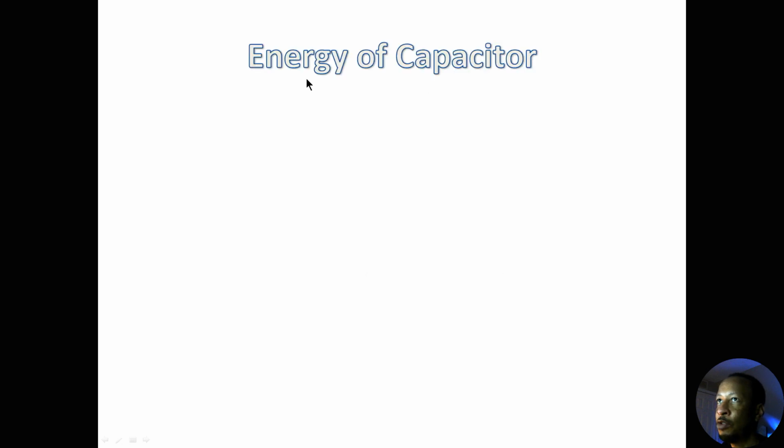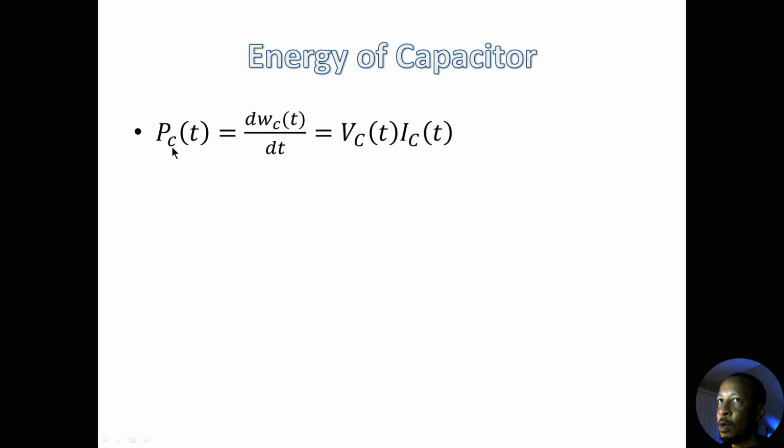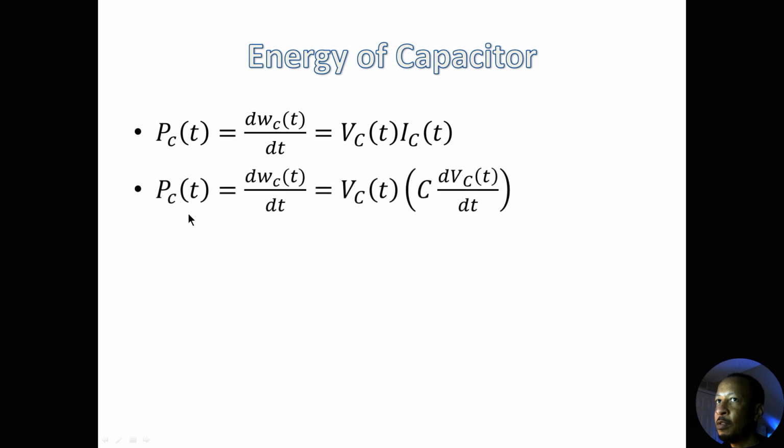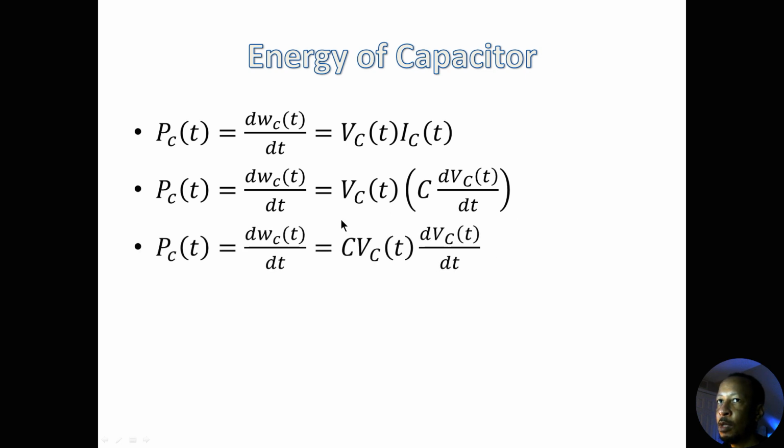Now, the energy of the capacitor. So I start with P_C(t) equals dW_C(t)/dt, which also equals V_C(t) I_C(t). And so P_C(t) equals dW_C(t)/dt, which equals V_C(t) times C dV_C(t)/dt.